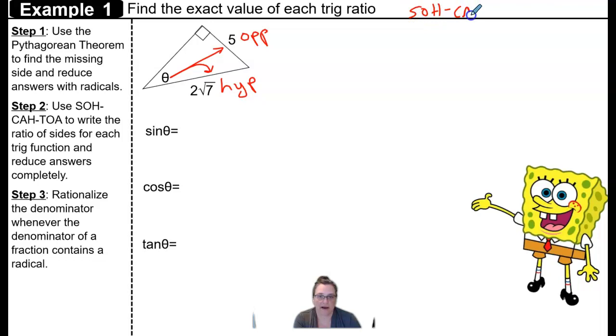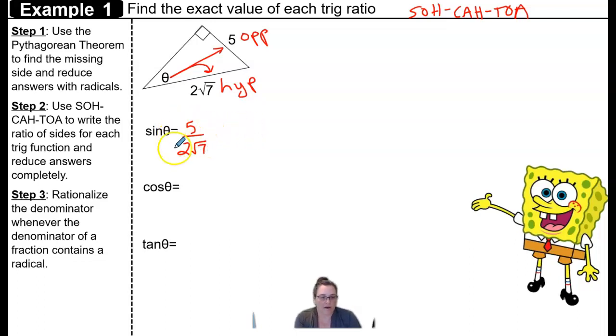SOHCAHTOA is our acronym for the trig ratios. Sine is the opposite over the hypotenuse, and we know the opposite and the hypotenuse. So the sine of angle theta is the ratio 5 over 2 square root of 7.